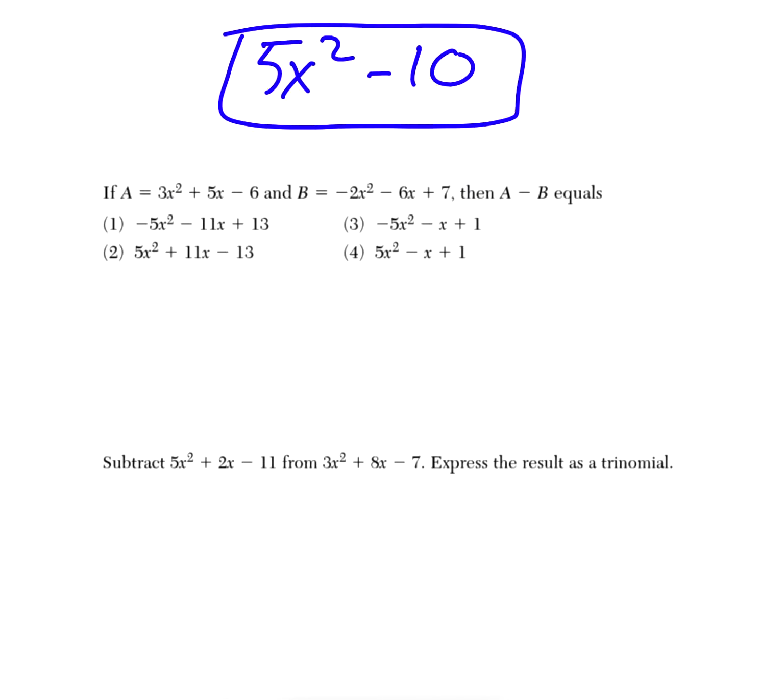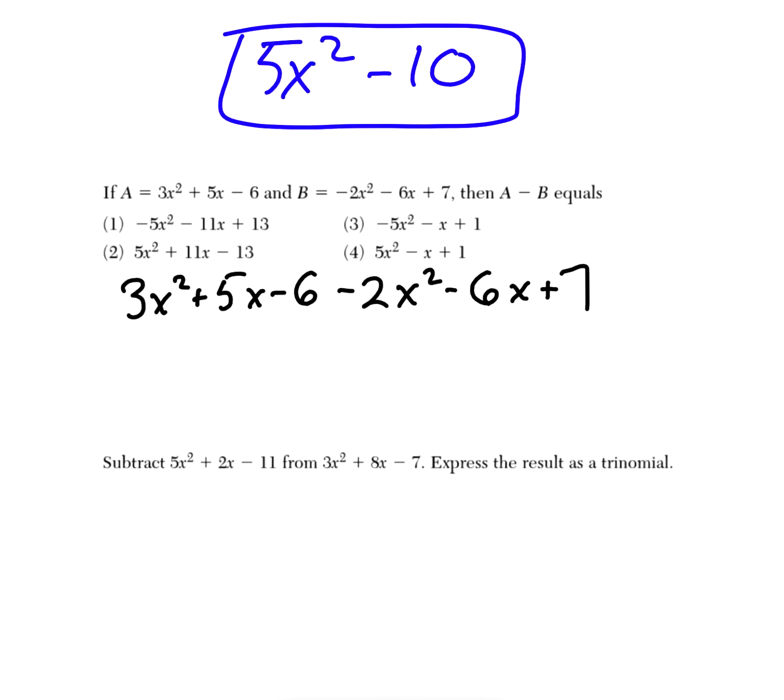So if a is equal to that expression and b is equal to that expression, then what is a minus b? It is so important here. This is a mistake I see a lot of students make. They write it like this: 3x squared plus 5x minus 6 minus 2x squared minus 6x plus 7.